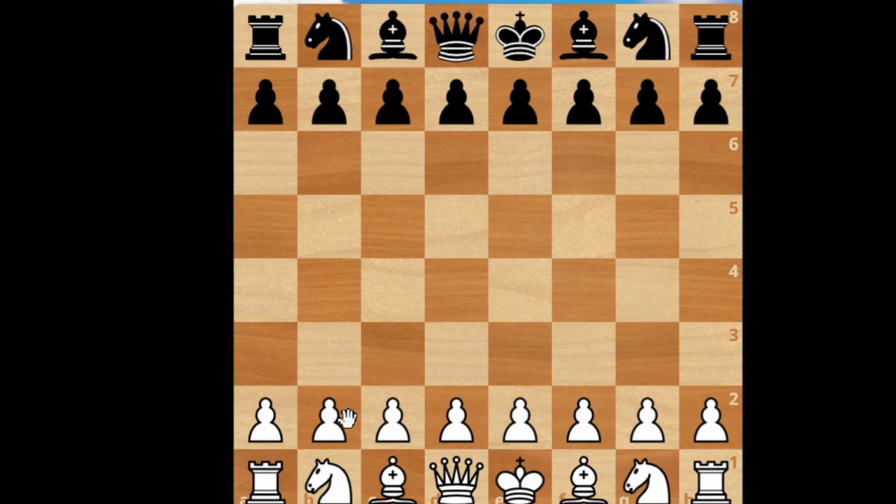Yes, eight. Total of 16 pieces, as in 2 rooks plus 2 knights equals 4 pieces, plus 2 bishops equals 6 pieces, plus 1 king plus 1 queen equals 8 pieces, plus 8 pieces equals 16 pieces. So one side is 16 pieces.